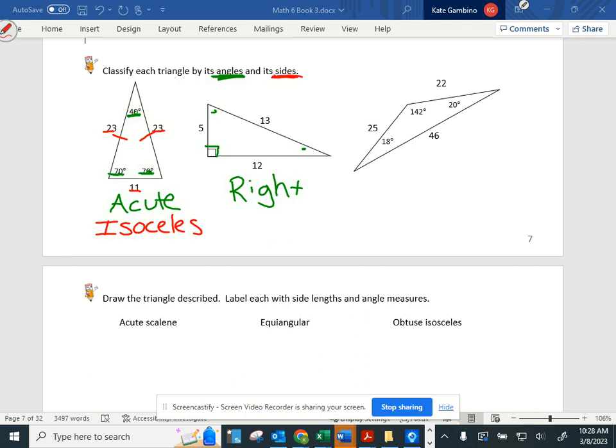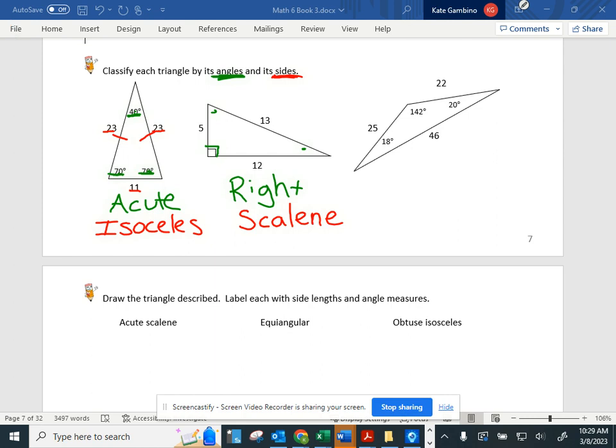So what side name does it have, Ethan? Scalene. So it has the word scale in it, scalene. And if you write it on your help sheet, it doesn't matter if you can pronounce it correctly, but we need to be able to spell these words correctly.